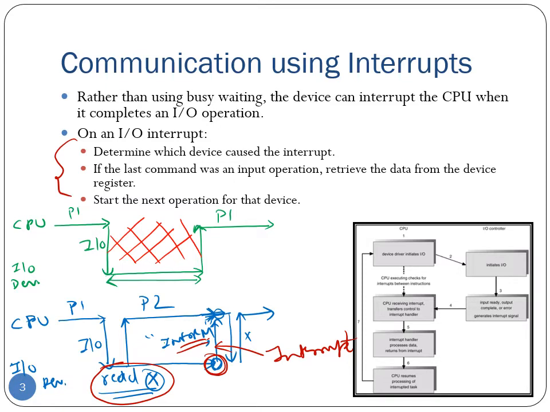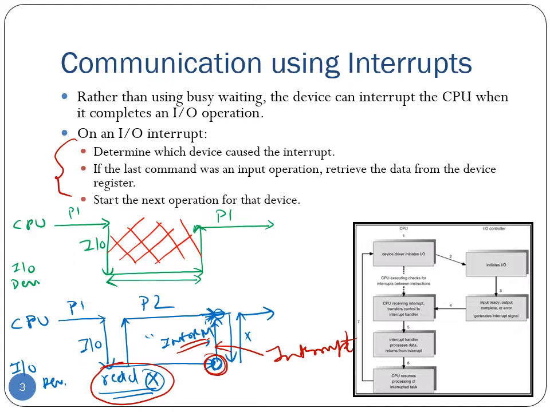Now this slide over here briefly lists how this is done. We will go into many more details of this. Essentially the CPU will determine which device has caused the interrupt. It will then go on to service the interrupt depending on the device that has caused it. So let's say the CPU had made a read request to the device.